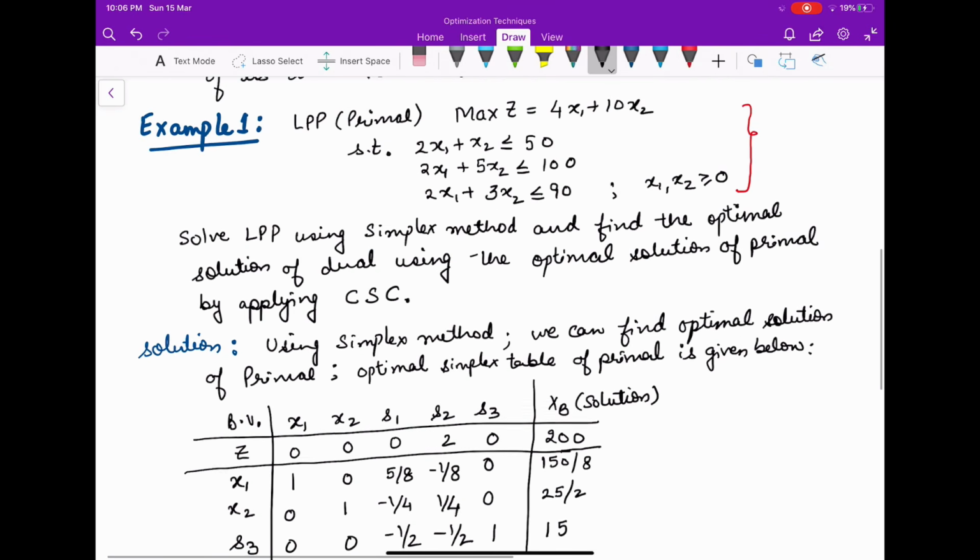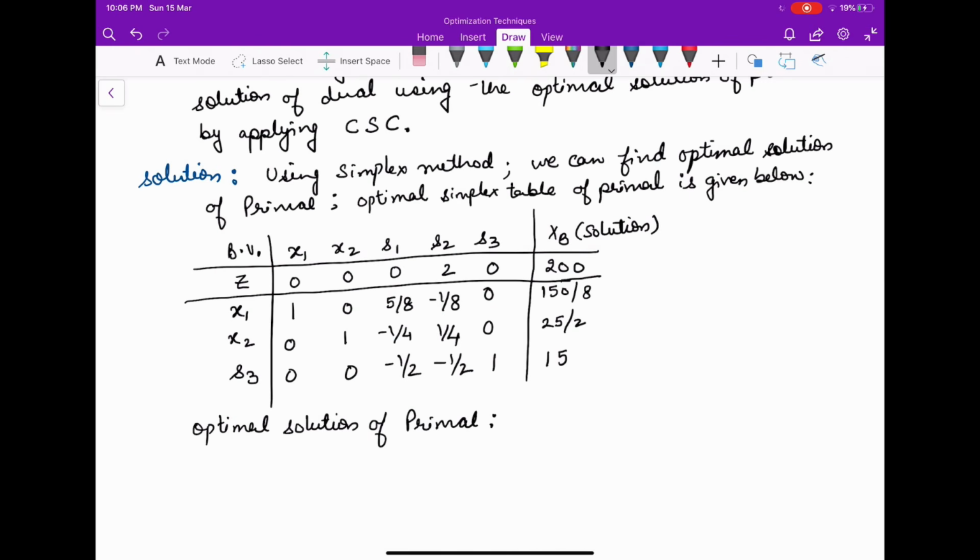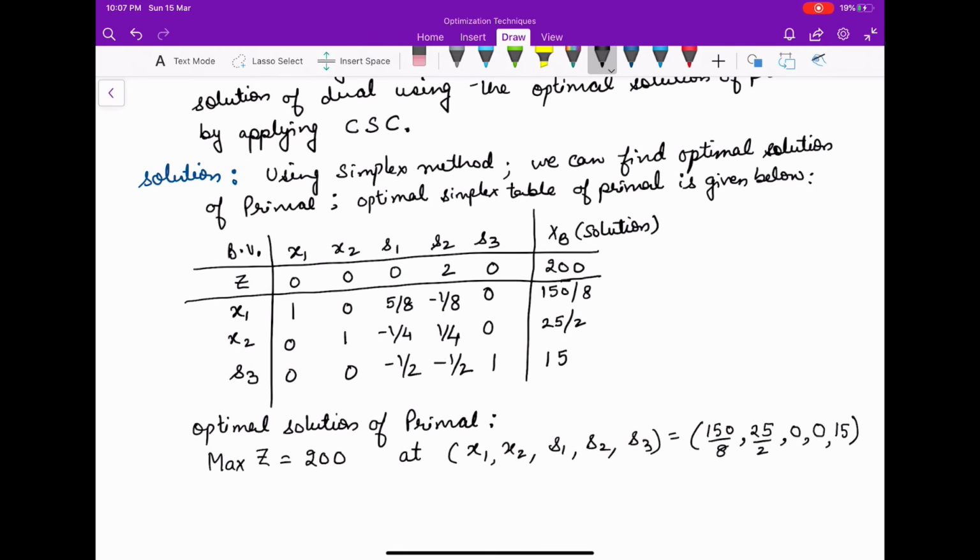Because in the primal we have the problem as maximize z, the maximum z is 200, at x1, x2, s1, s2, s3, and the solution of x1 is 150 by 8, x2 is 25 by 2, and s1 is non-basic because it is not appearing in the table, s2 is also not appearing in the table, and s3 is 15.